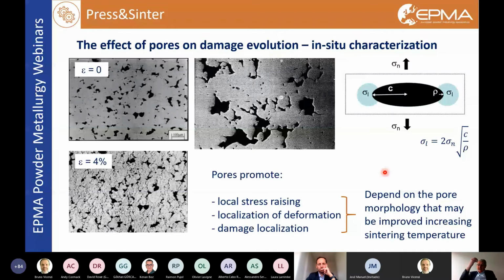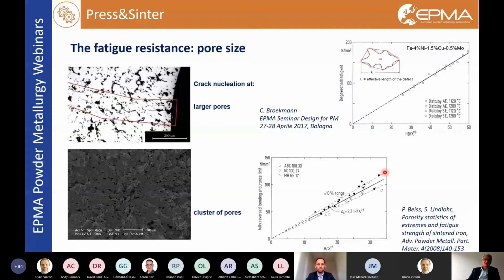In case of fatigue, there is an additional parameter affecting the mechanical properties, the pore size. This figure shows a detail of a gear that failed under fatigue, and we may observe the fatigue crack nucleated in correspondence of this large pore on the surface.